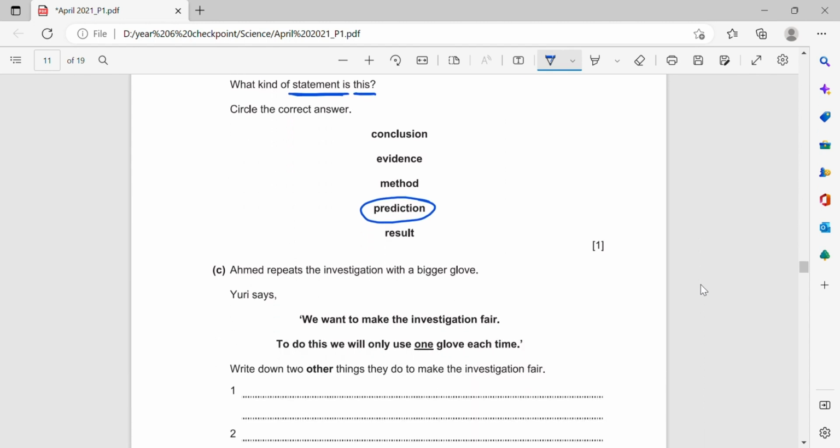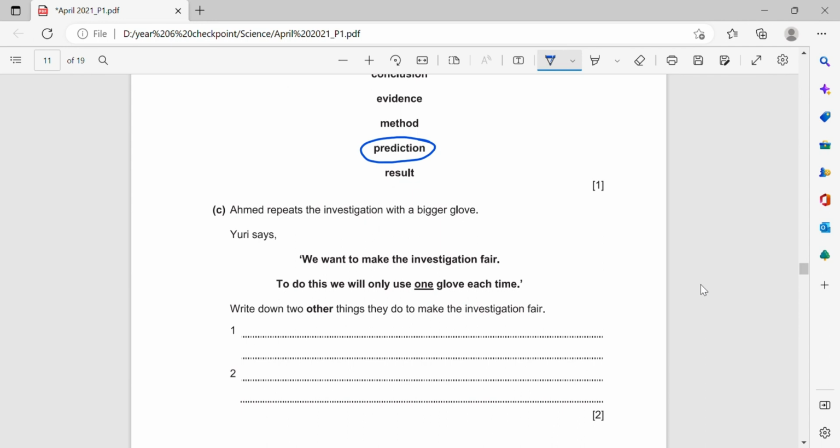Ahmed repeats the investigation with a bigger glove. Yuri says, we want to make the investigation fair. To do this, we will only use one glove each time. Write down 2 other things they do to make the investigation fair. Very good question here. Yuri says we will use 1 glove each time, the same glove.